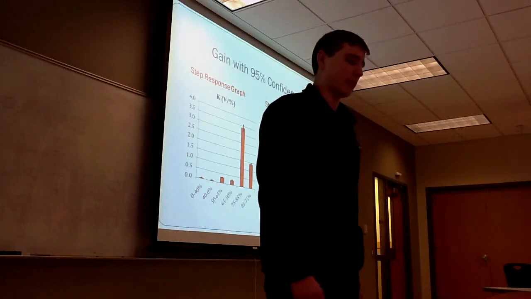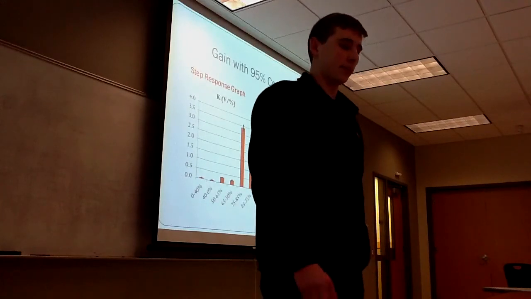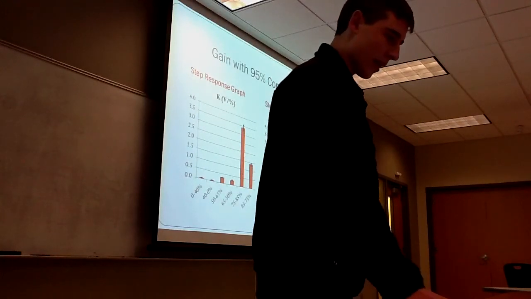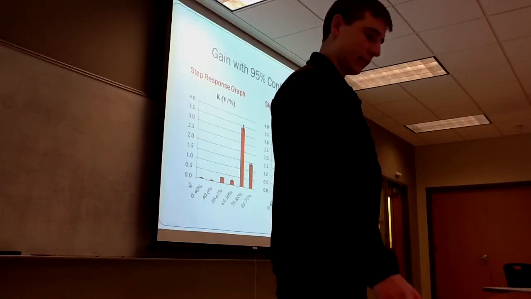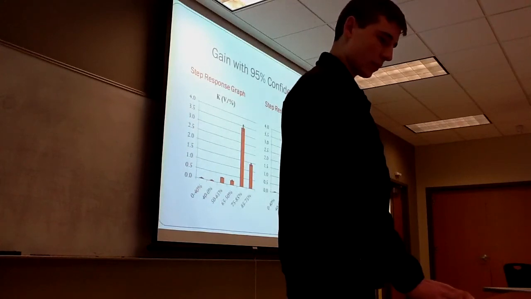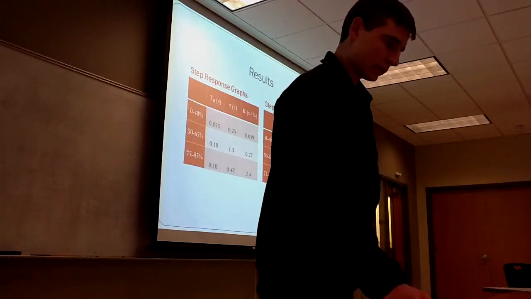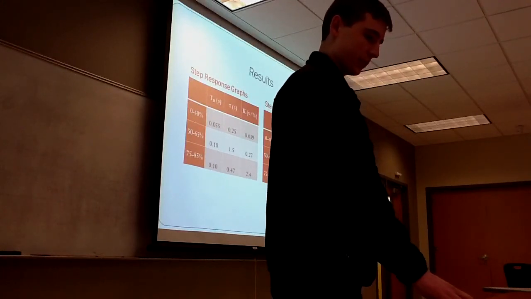Here's a comparison between the gain, the graph, and the models. And as the input increased, so did the gain for the voltage system. There's a comparison for the tables.